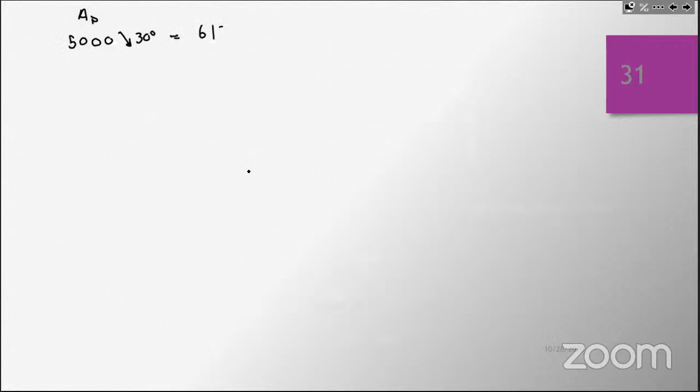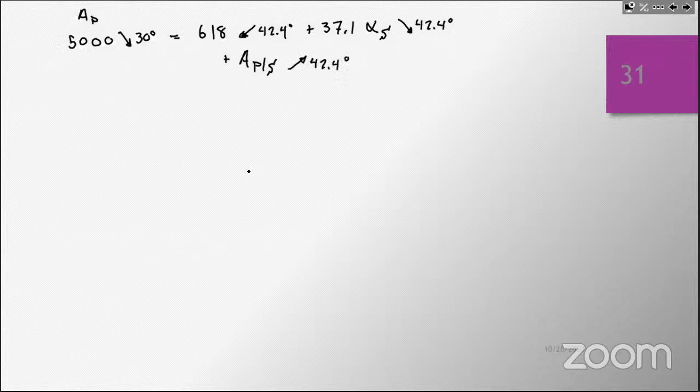This is equal to 618, which is 42.4 degrees down to the left, plus 37.1 alpha of S, which is 42.4 degrees down and to the right, plus the acceleration of P with respect to S, which is up 42.4 degrees to the right, and 3890 up and to the left, 42.4 degrees.